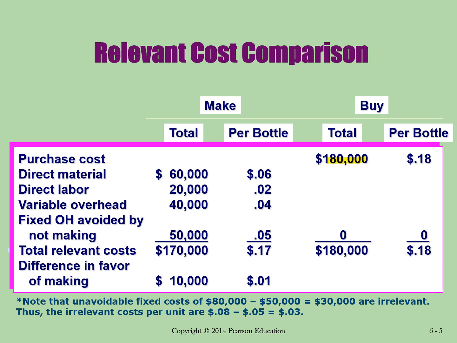But the unavoidable part is going to be excluded totally, and this will lead to a total of $170,000. But looking at the buying information, it's going to be totally $180,000. And this means that making is preferable because it's less costly than buying.